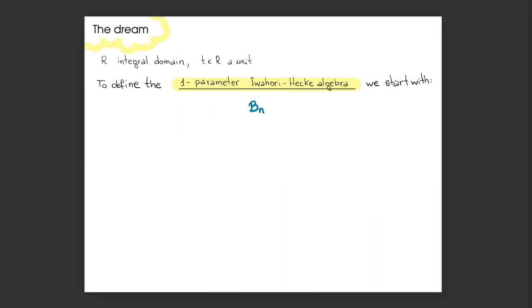So I will start with the dream we had. And the inspiration were Iwahori-Hecke algebras. So to define Iwahori-Hecke algebras, where you have R an integral domain and T a unit in R, you can start with the braid group.